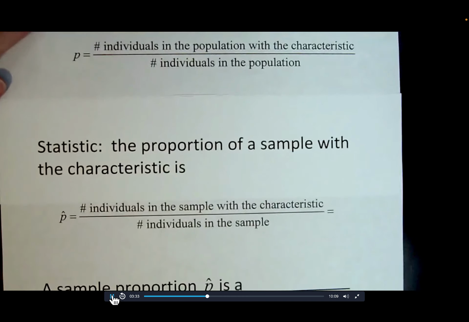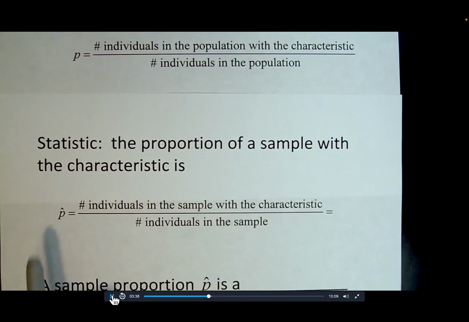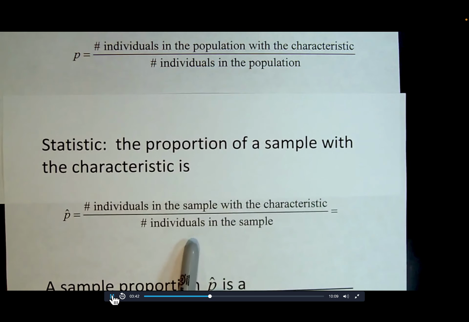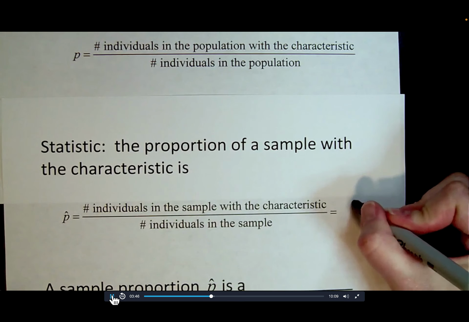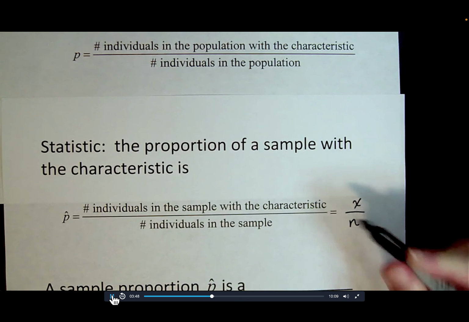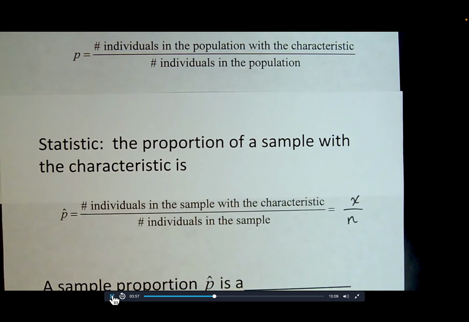So the proportion of a sample with a characteristic, which we've typically called p hat, is the number of individuals in the sample with a characteristic divided by the number of individuals in the sample, and the letters we've typically used for those are x and n. So lowercase n has typically represented the sample size, and x is the number of individuals in the sample with the characteristic.